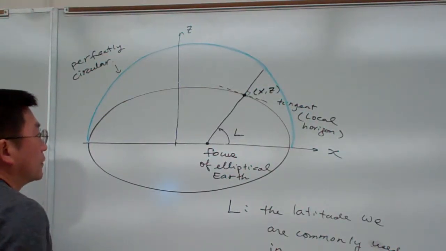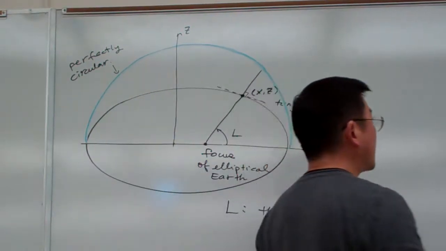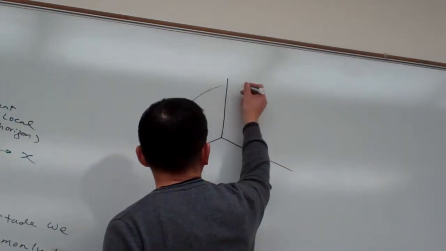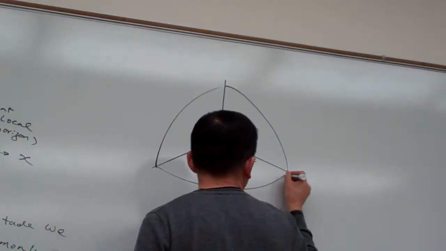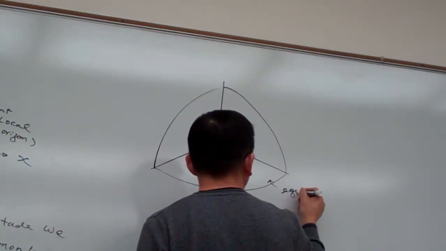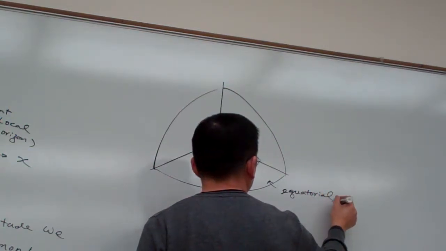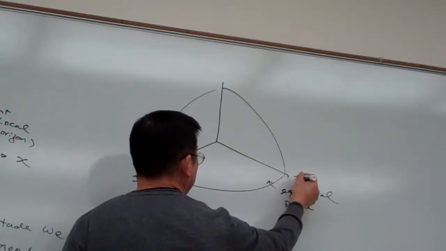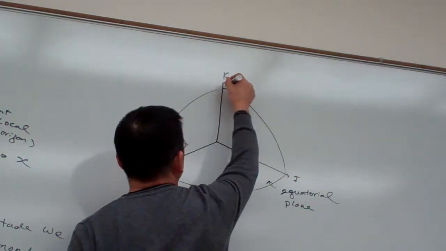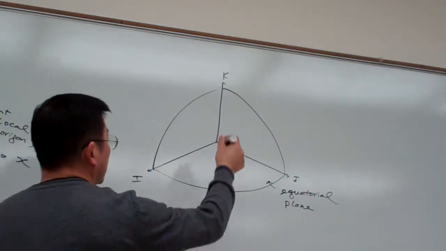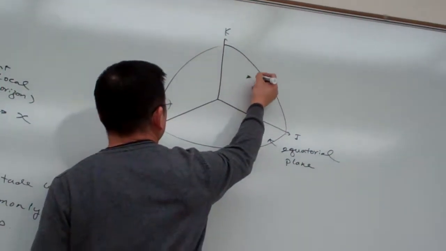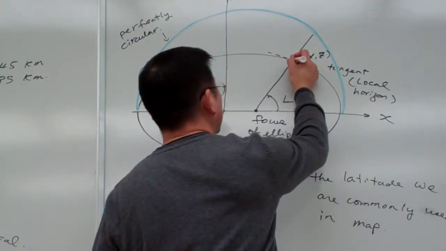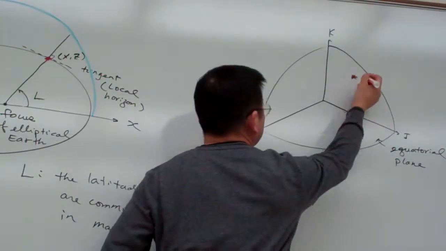And in three dimensions, I want to emphasize that XZ actually is this. This is the equatorial plane, and this is the I-axis, J-axis, K-axis. For example, here we have a site here. Basically the two are the same point on the Earth's surface.